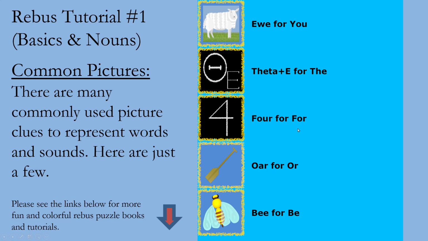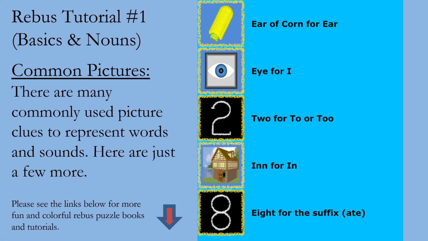And then for or for or, B for B, ear of corn for ear, I for I, two for two or too, in for in, and eight for the suffix ate, like decimate, alleviate, mate, weight, any of those things, even though weight you spell it differently.